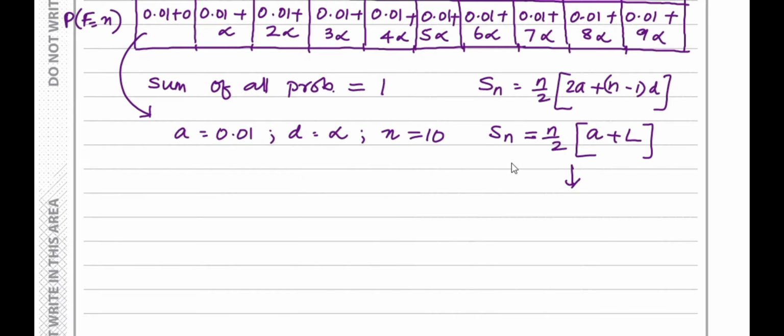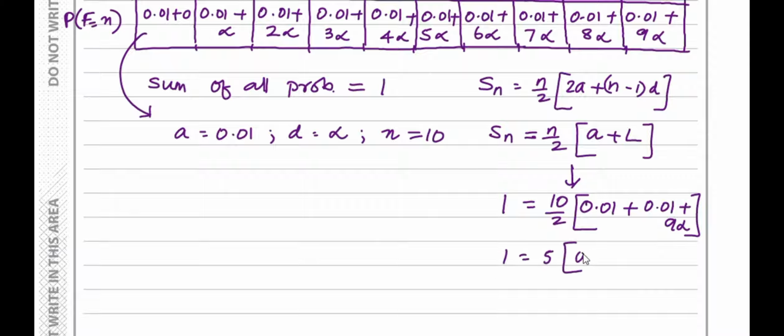Since this sum should be equal to 1, I would say 1 equals 10 over 2 bracket the first term, which is 0.01, and the last term, which is 0.01 plus 9 alpha. That is 1 equals 5 bracket 0.02 plus 9 alpha.